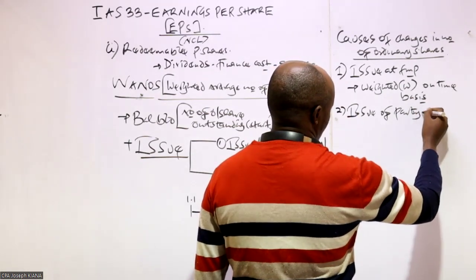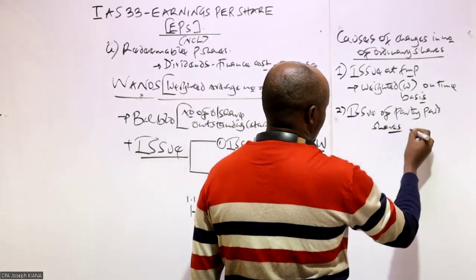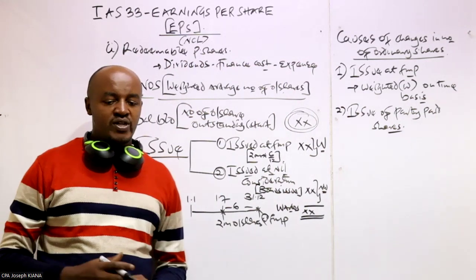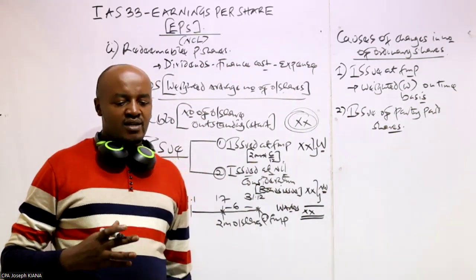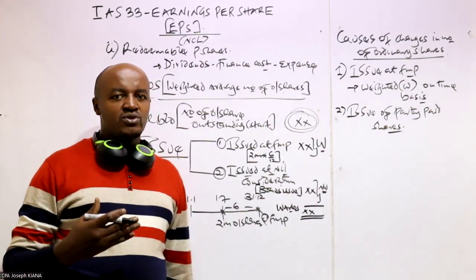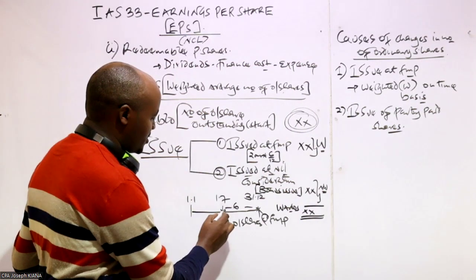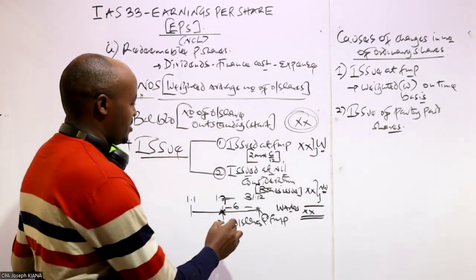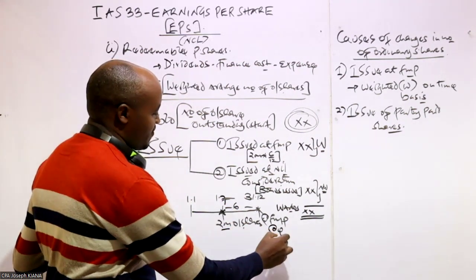Partly paid shares. So when we talk about partly paid shares, these are those particular shares which will be issued by the company during the current year at full market price, but when the year is coming to an end, those shares will not be fully paid. Like in this case, we can be told that on 1st July, the company issued 2 million ordinary shares at full market price, maybe of 40 bob.